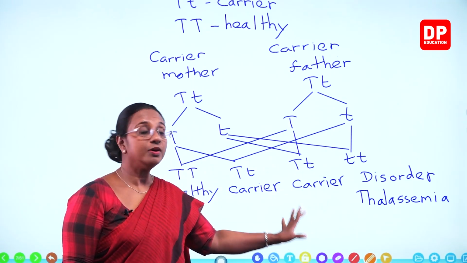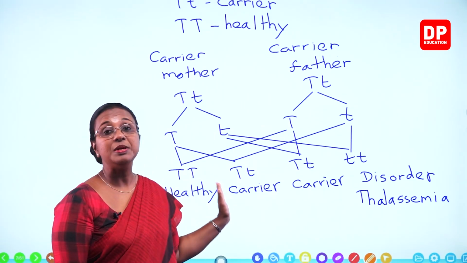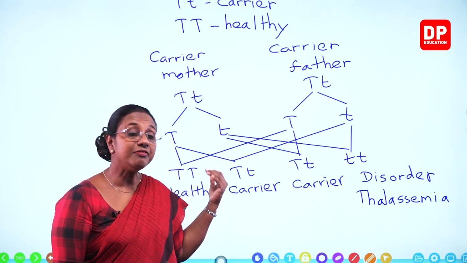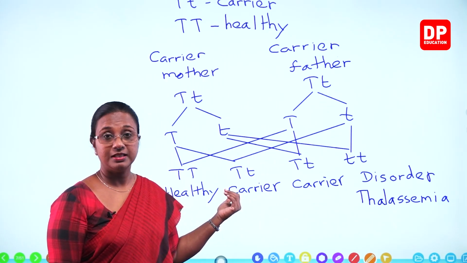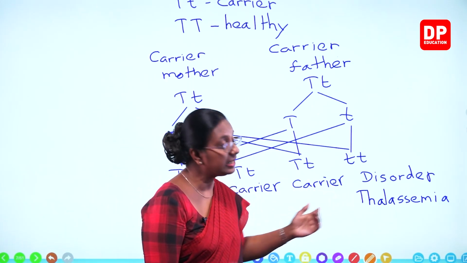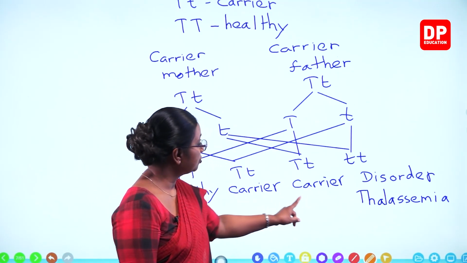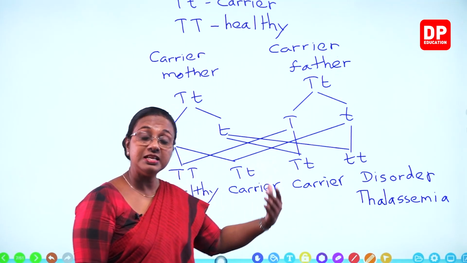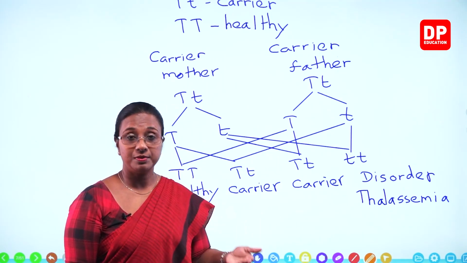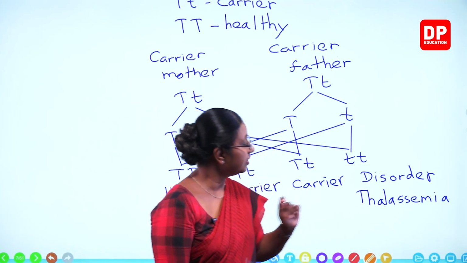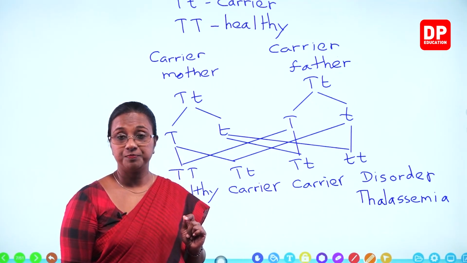So that is how when there is marriage between blood relatives, if they have the recessive gene among them, the chances of getting the disease increases. Now 3 people, these 2 are carriers. So the gene is accumulating in the population. And here you have a child with thalassemia.